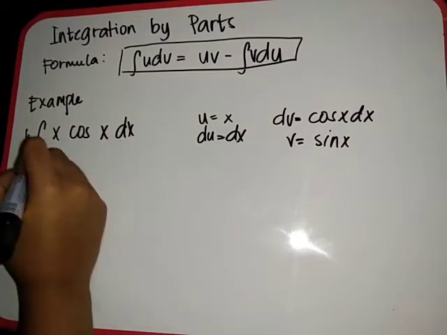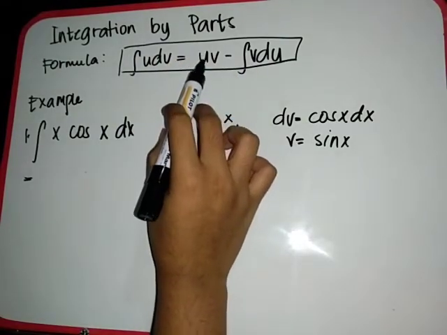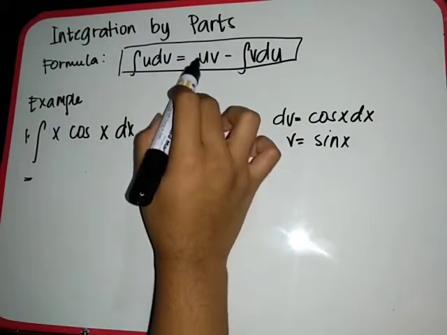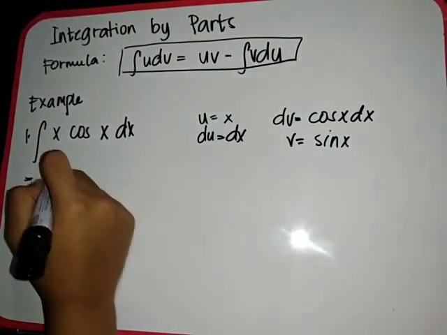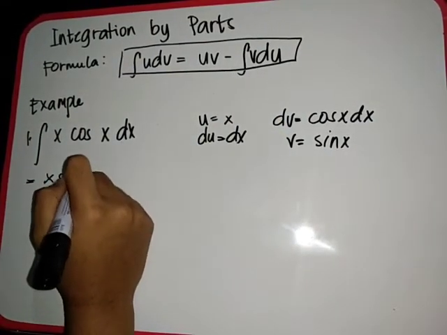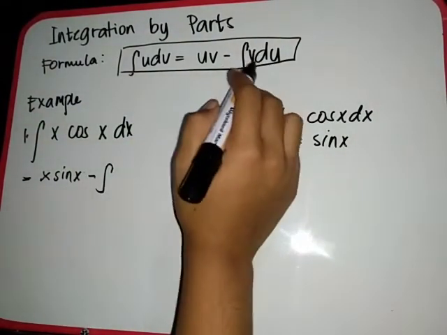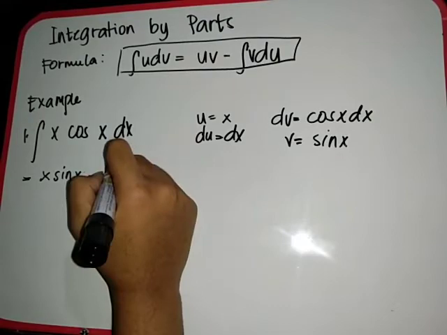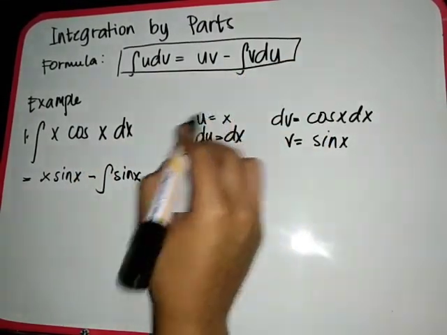So we have to substitute it into our formula. So u is x, and then v is sine x, minus the integral of v, sine x, du, which is dx.